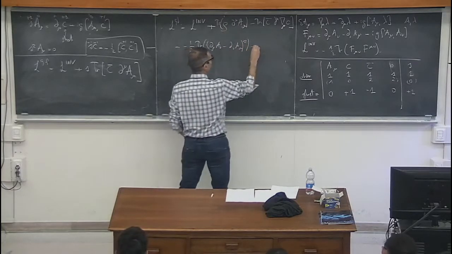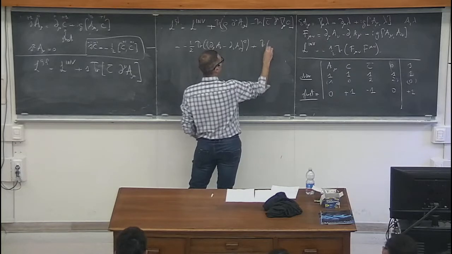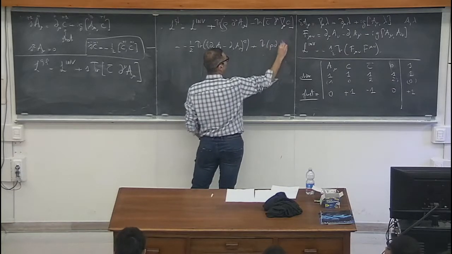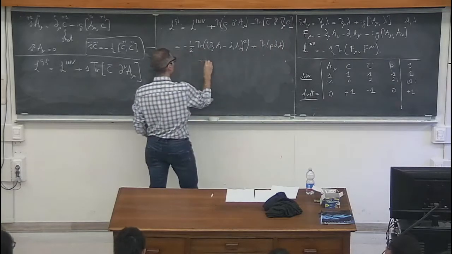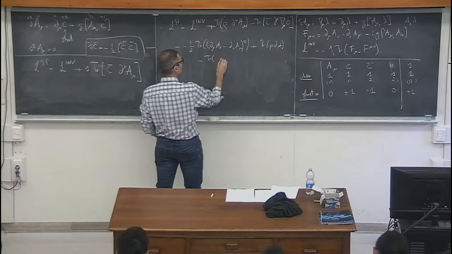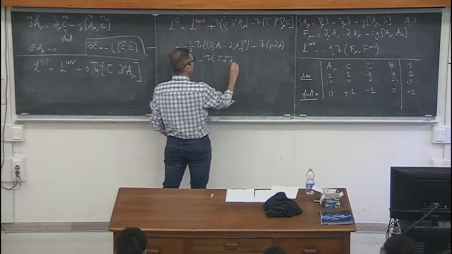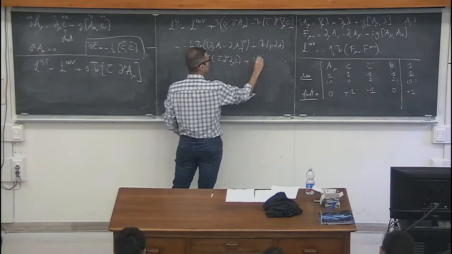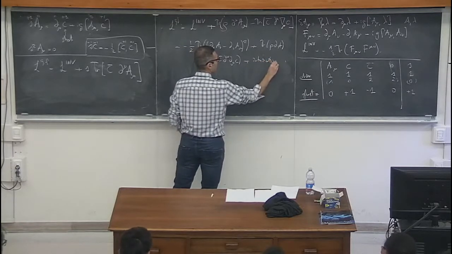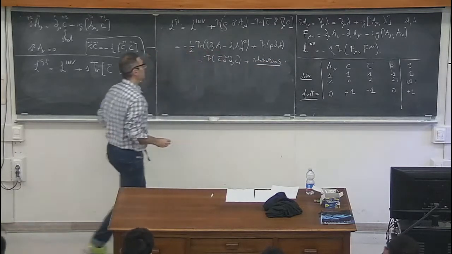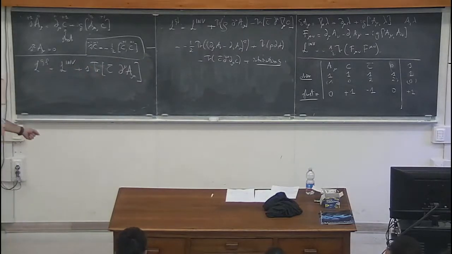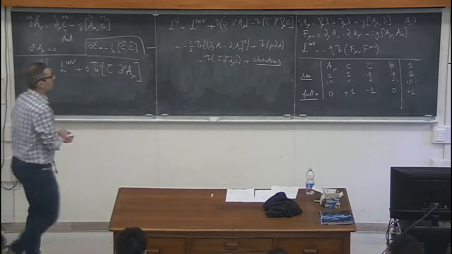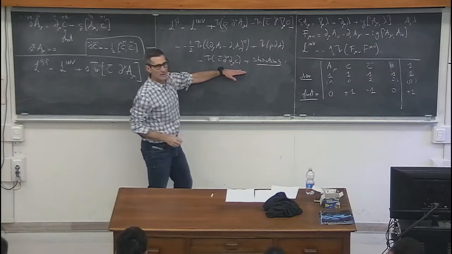These terms is just the gauge fixing, so it is again a trace of rho dA. From these terms, we get something like a trace, just only the quadratic part, C bar d mu d mu C. And then there are interactions.